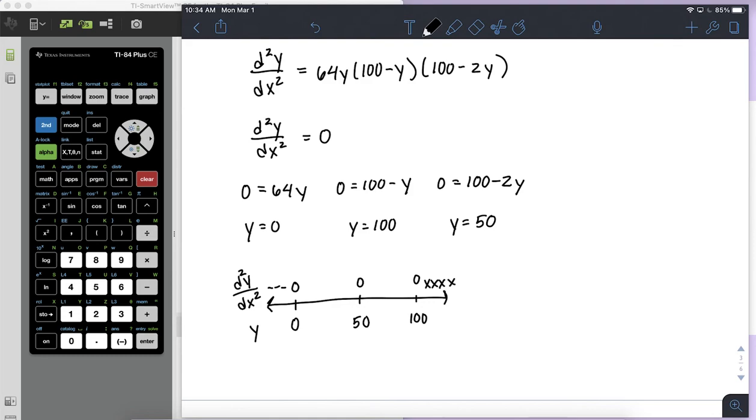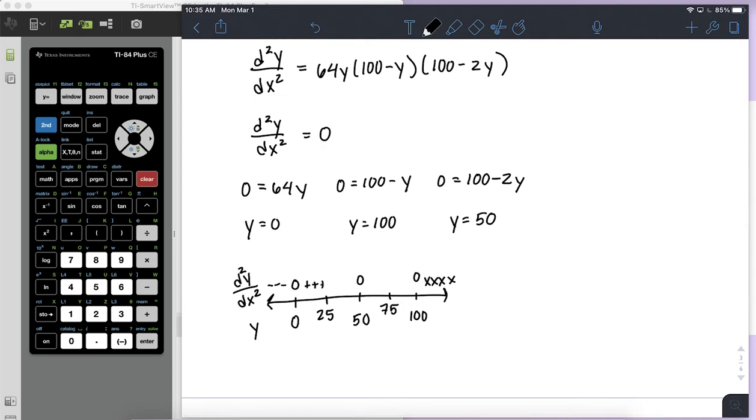You can go ahead and use your calculator. Say I want to plug in 25 and 75. You can go ahead and pause the video and plug those in on your own. But if I plug in 25, I'm going to actually get a positive value in between. And then if I plug in a 75, I'm going to get a negative value because the first two factors are going to stay positive, the last one will go negative.